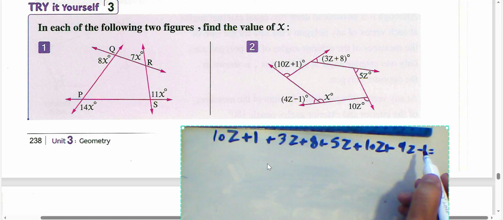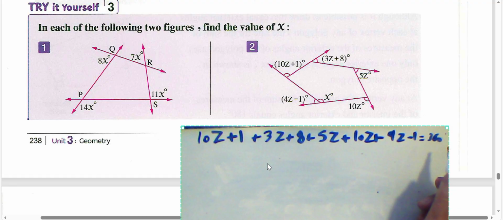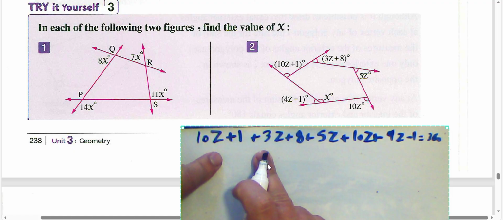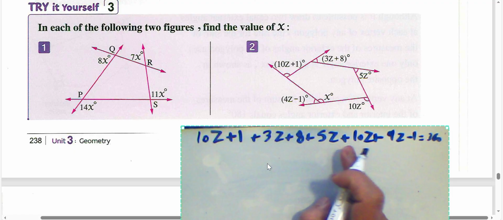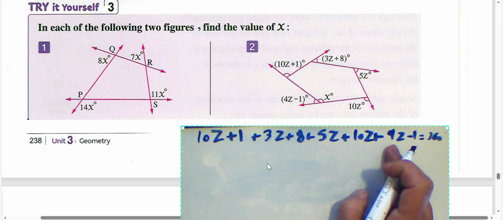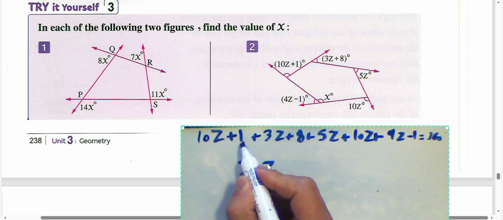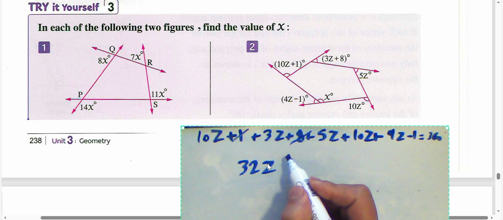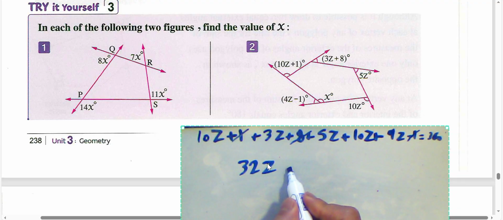The sum of them is 360. You can collect the result: 10 plus 3 is 13, 13 plus 5 is 18, 18 plus 10 equals 28, 28 plus 4 is 32. So 32z. 1 plus 8 is 9, 9 minus 1 equals 8.